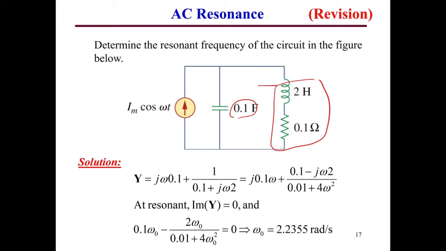Okay, so now if you multiply by the conjugate, at resonance the imaginary part will be equal to 0, so then you can find omega naught.